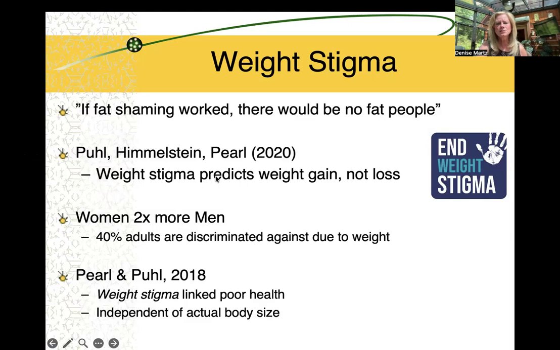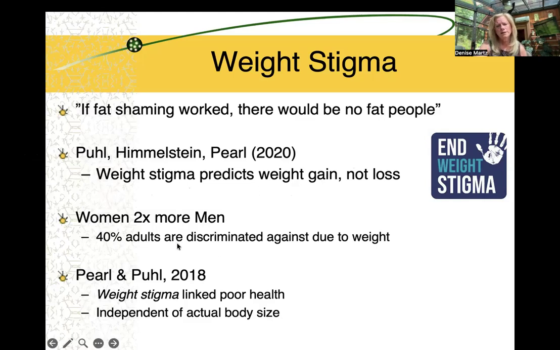And it actually is a predictor of more weight gain, not weight loss. So people who report being the recipient of more of this tend to be gaining more weight and not losing weight. One of the mechanisms there is it tends to be a predictor of yo-yo dieting. Okay. Somebody's the recipient, they want to lose weight, they lose weight, they regain the weight. It's a predictor of binge eating for some individuals.